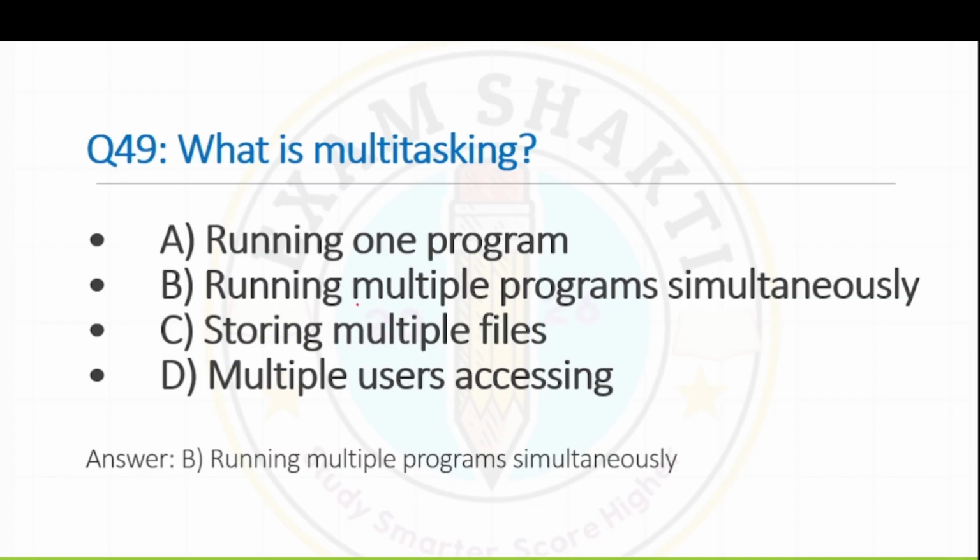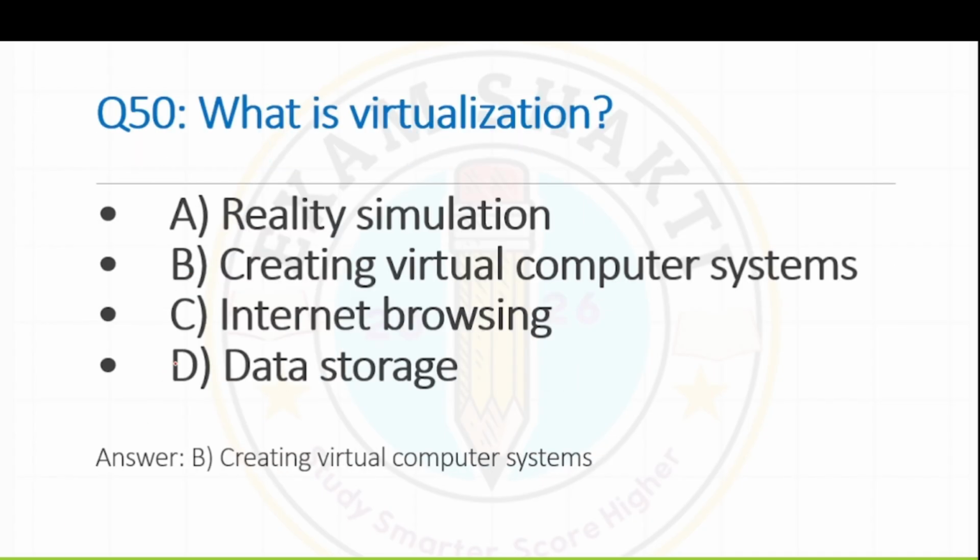What is multitasking? Running one program, running multiple programs simultaneously, storing multiple files, multiple user access. Answer B, running multiple programs simultaneously. What is virtualization? Reality simulation, creating virtual computer system, internet browsing, data storage. Answer B, creating virtual computer system.